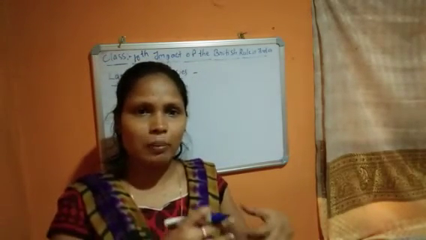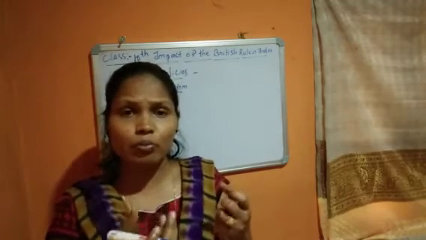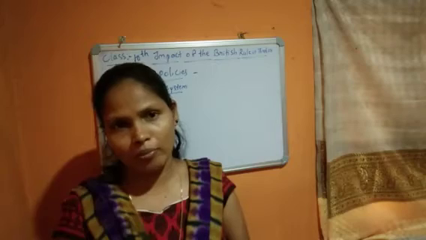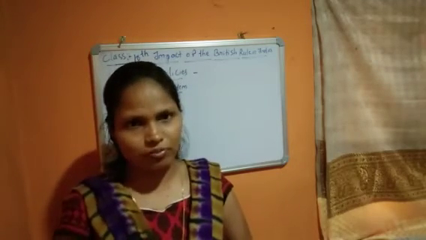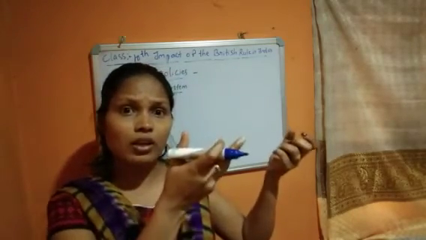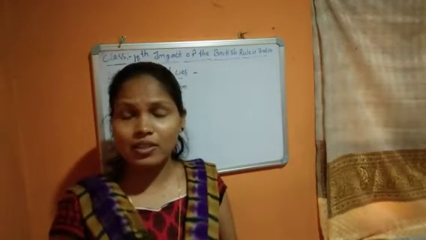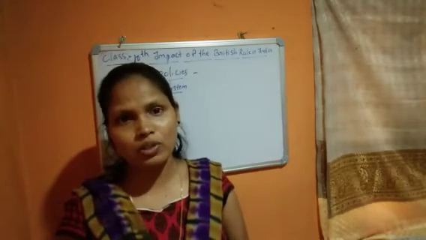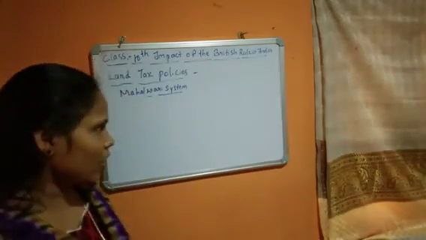Here the East India Company's officials collected more taxes from the farmers than the production. Production from the field is very less, but they collected more taxes. As a result, zamindars lost the ownership of land.